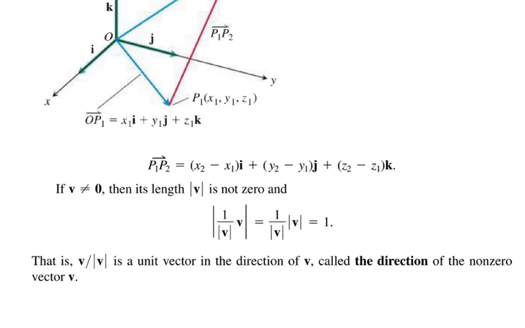And this is the derivation, I guess, for it. But the main thing here is the vector divided by the magnitude of the vector gives us a unit vector. That gives us a vector in the same direction as the original vector, just of length 1.